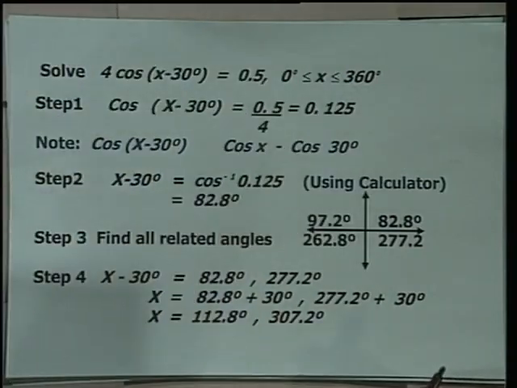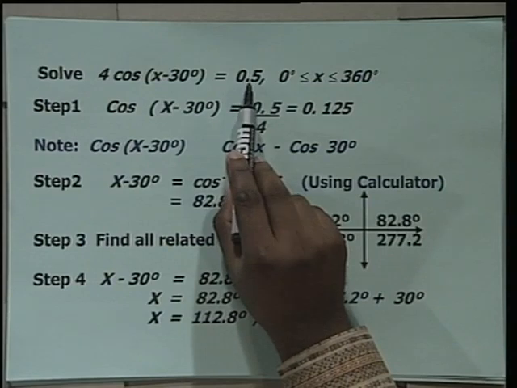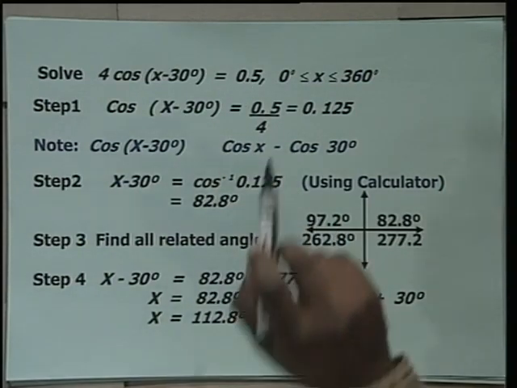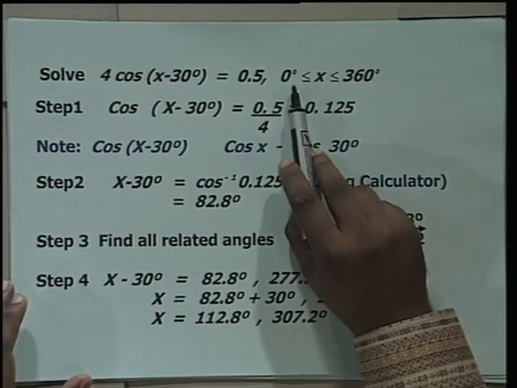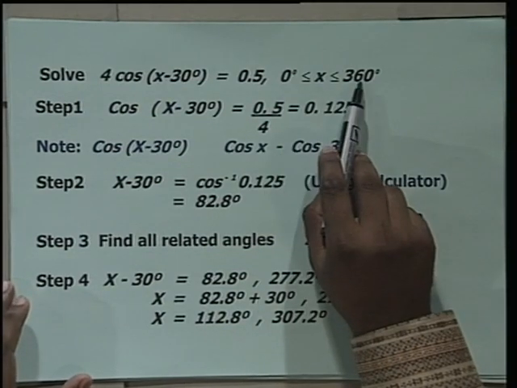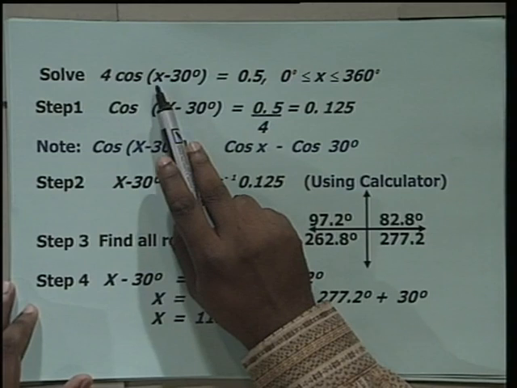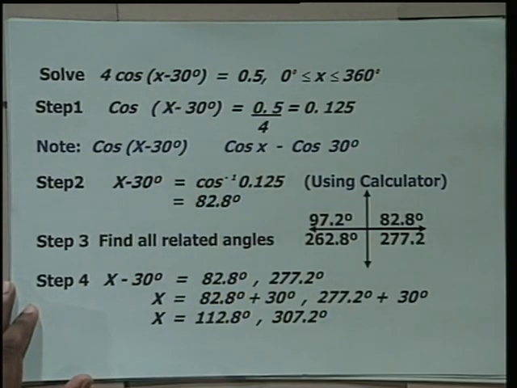We'll take another example. We are going to look at the equation 4 cos(x minus 30) is equal to 0.5. And we are looking for all the values of x which lie between 0 and 360 degrees and which satisfy this equation.